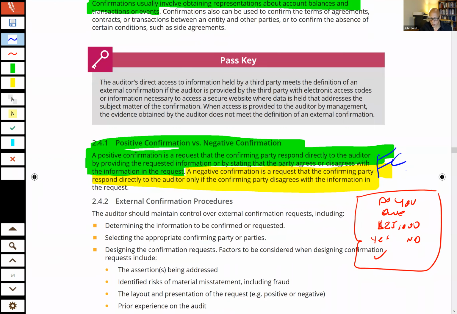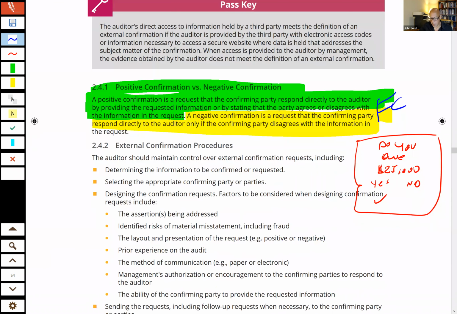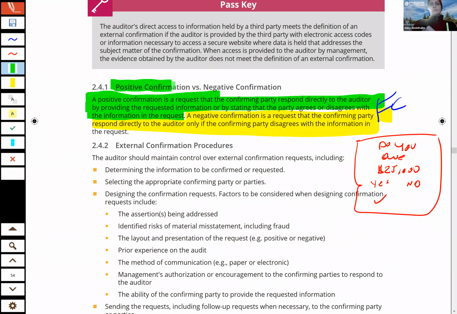Now, which of these do you think is more reliable, positive or negative? Positive. Positive is more reliable, isn't it? So when would you use negative? AR.